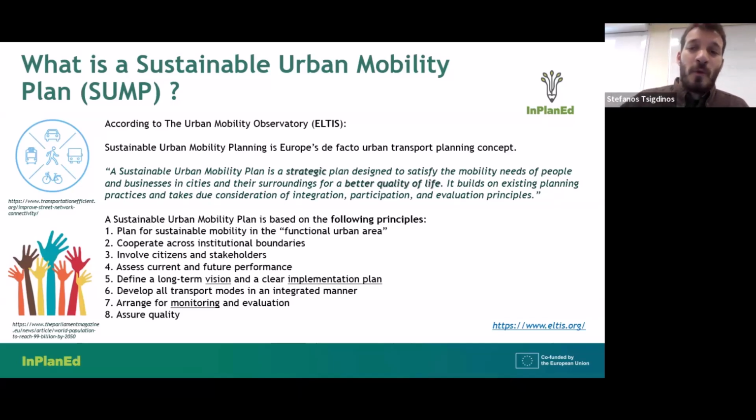We have cooperation across institutional boundaries, and we now involve citizens and stakeholders. Also, we think of the future. We're not only forecasting, but we envision the future. We have a clear vision for our plan, and then we have a clear implementation plan with various measures.